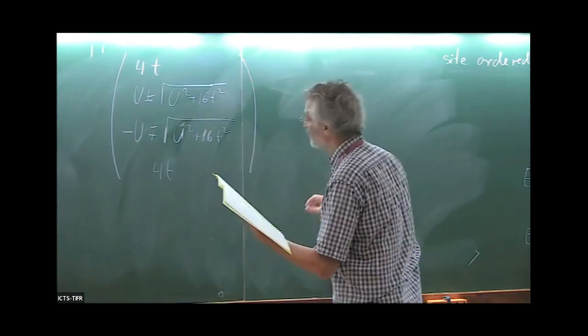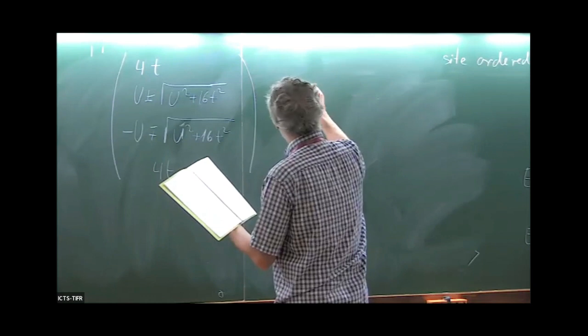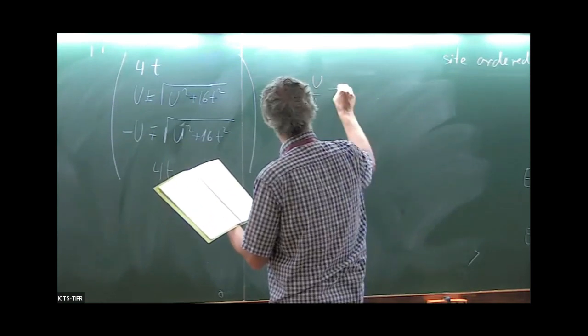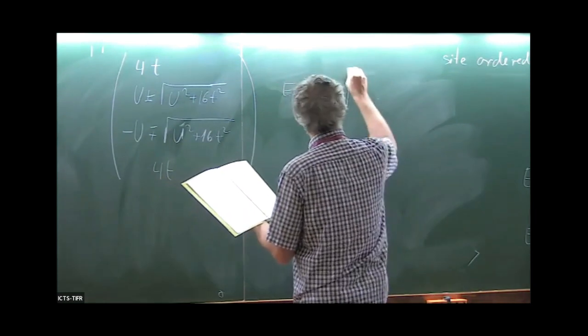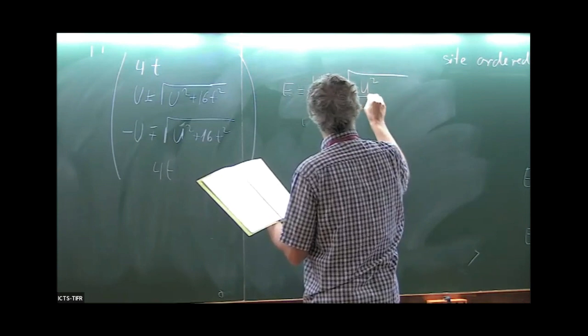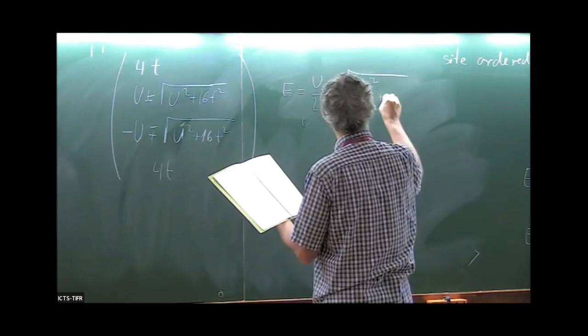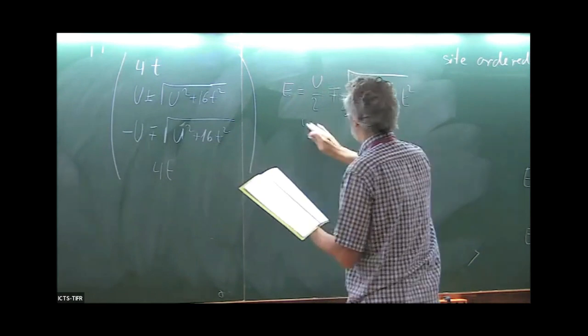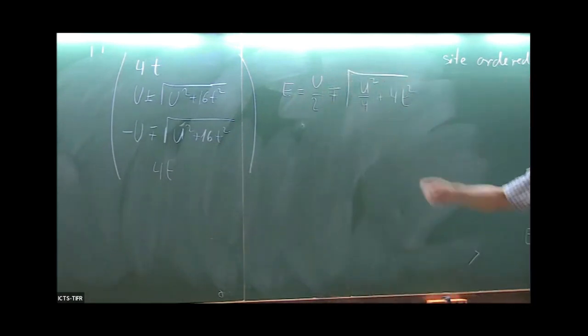The corresponding energy is U over 2 minus plus square root of U square over 4 plus 4t square. This is a little bit more complicated.